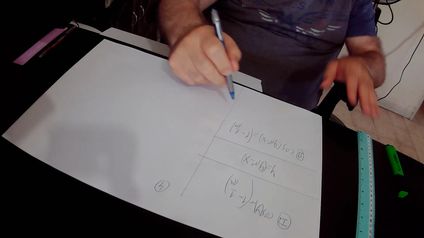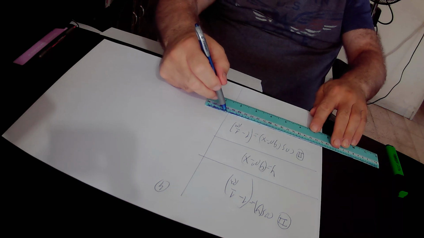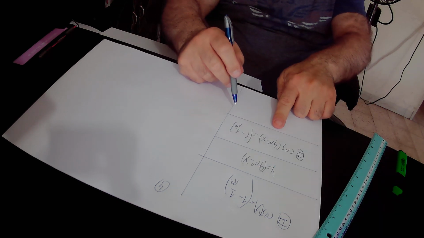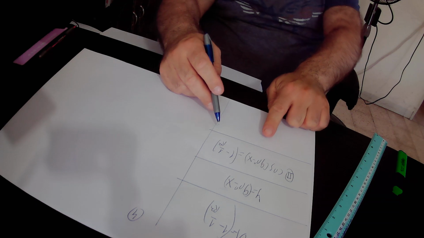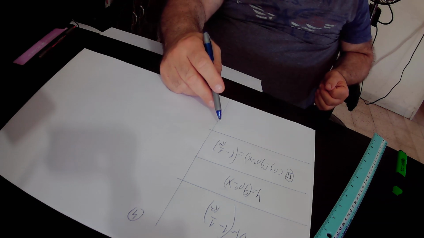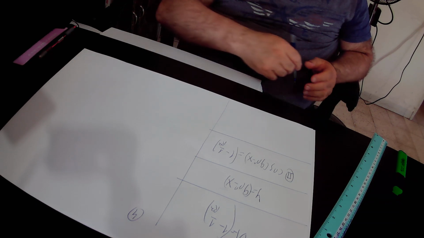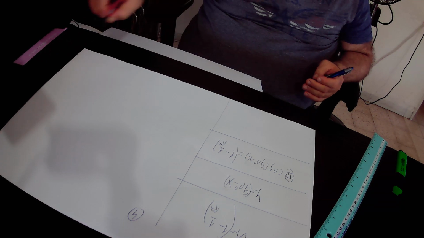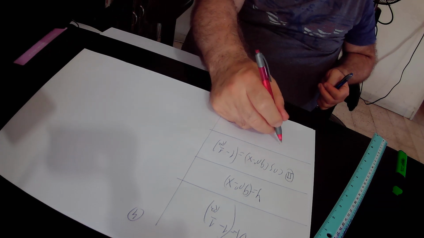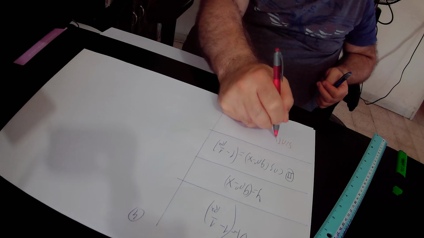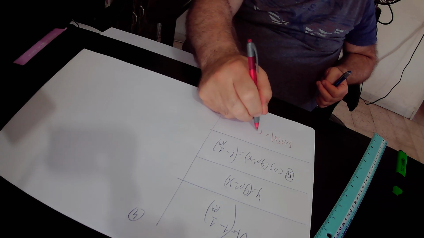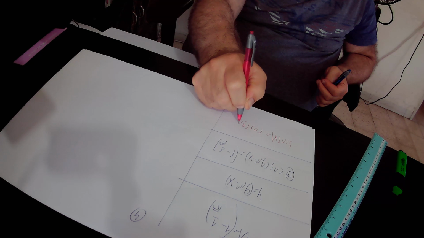And again, according to equation 2, we found out that cosine of 90 degrees minus x equals 1 minus 1 over R squared. We have the trigonometric identity that states that sine x equals cosine of 90 degrees minus x.